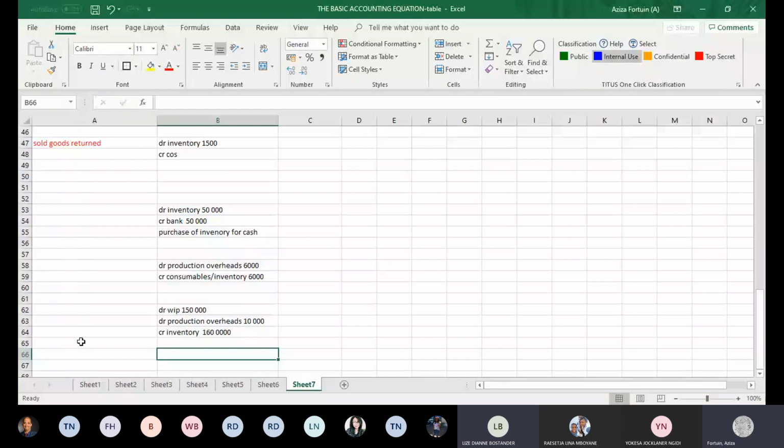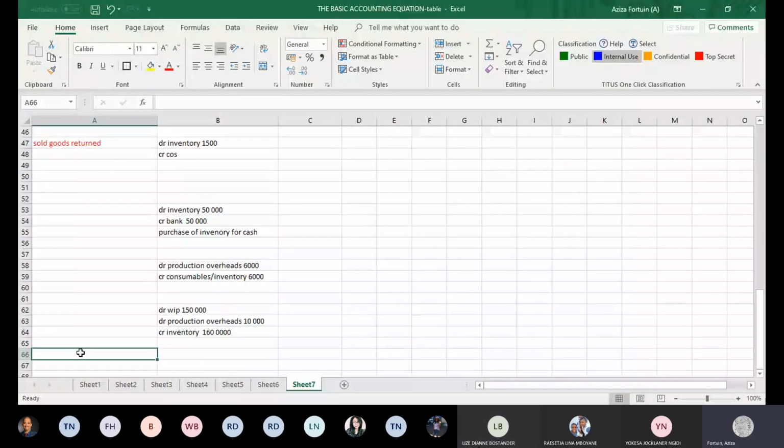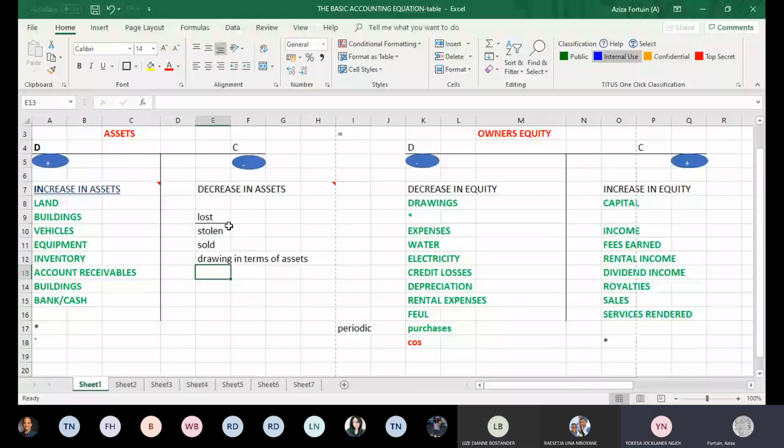Okay, let's look at the next one. Inventory of consumables is purchased for cash. So we're going to debit our consumables account, which is sitting here on my table, the assets. We are going to credit our bank for 10,000.